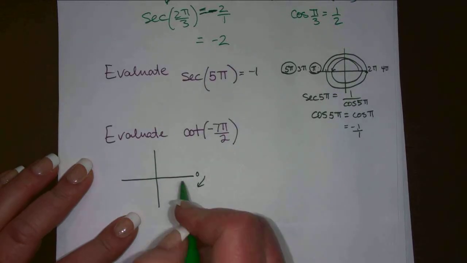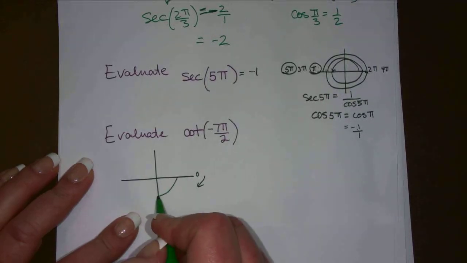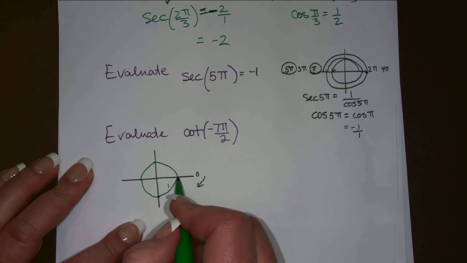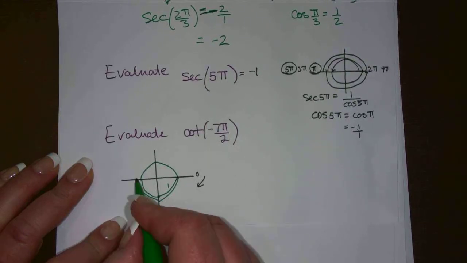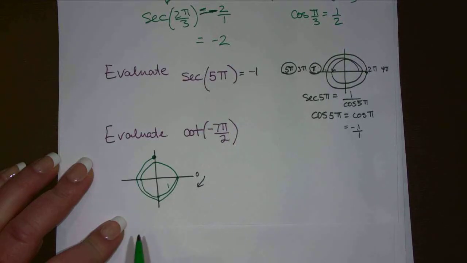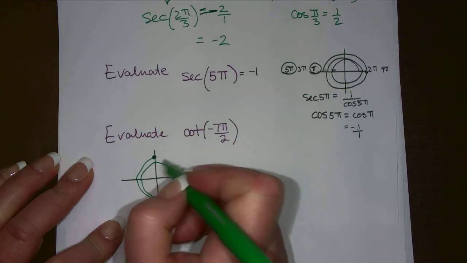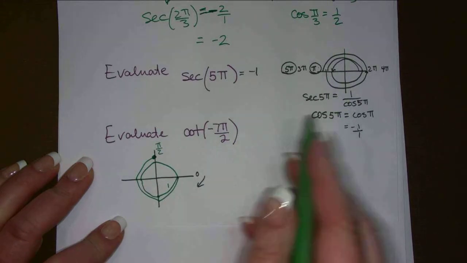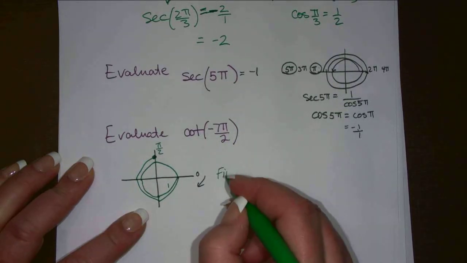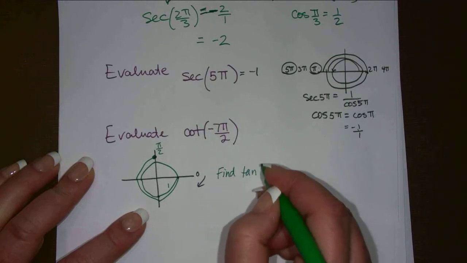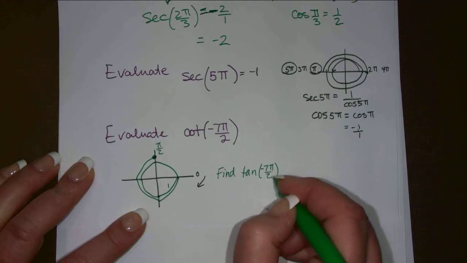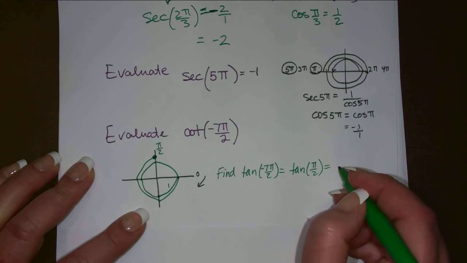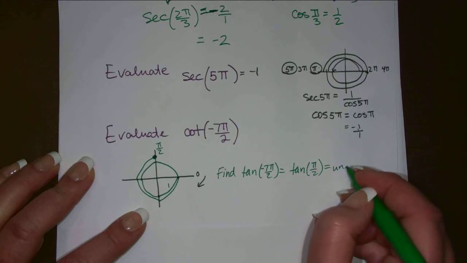So 7 pi over 2. So here's 1, 2, 3, 4, 5, 6, 7, right here. Did you land in the right spot? So this is the same as pi over 2. Now we want cotan, so we're going to first find tan of minus 7 pi over 2. Which, since we're on an axis, we can just look up that value, pi over 2, which is undefined. Okay, so here's the trickiness.